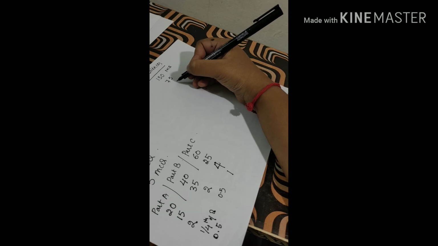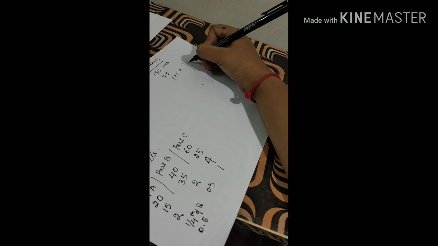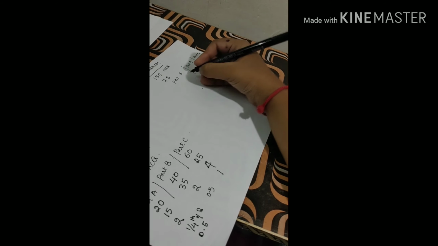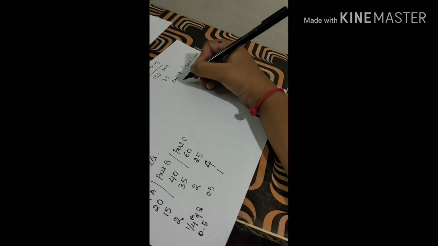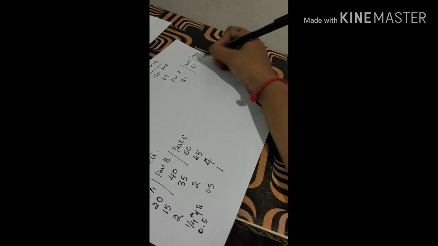The question paper will be divided into 3 parts: Part A, Part B, and Part C. The number of questions in Part A is 20, in Part B it is 50, in Part C it is 80.